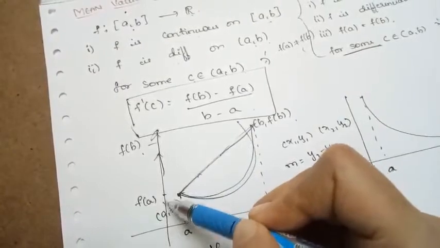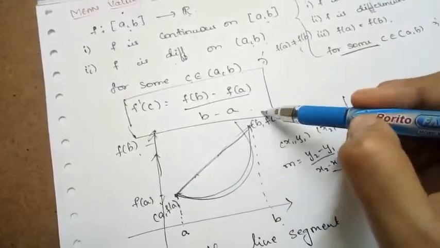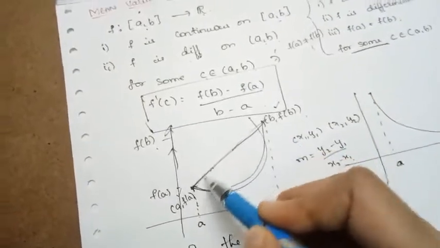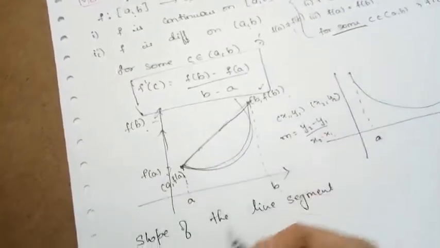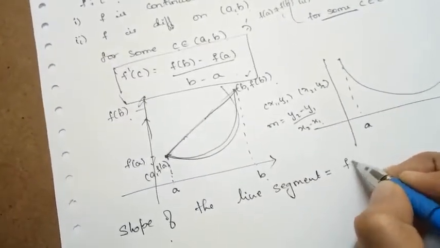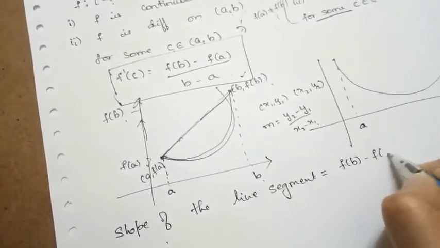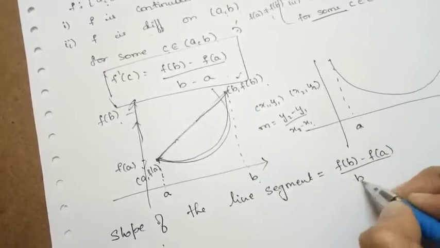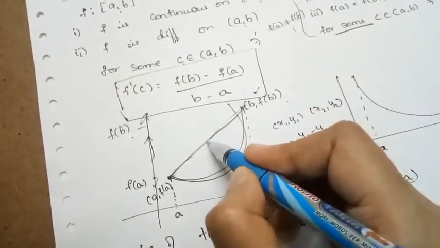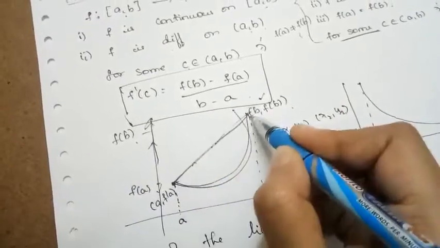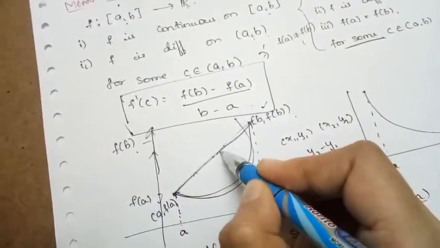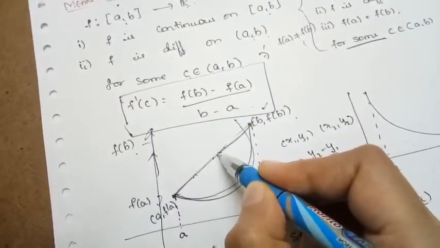Suppose I say this one is x1, y1 and this one is x2, y2. How do we find the slope of the line segment joining these two endpoints? That slope is equal to f of b minus f of a divided by b minus a. So this is the slope of this line segment joining these two endpoints. Suppose I draw a line parallel to this line.